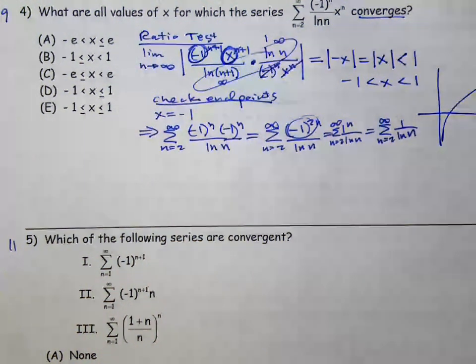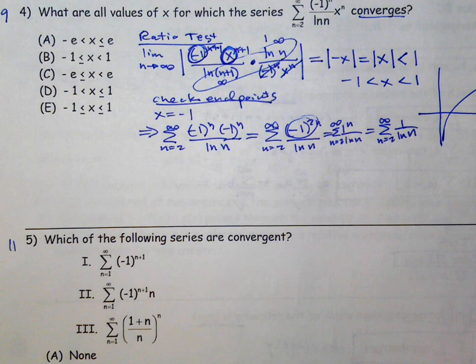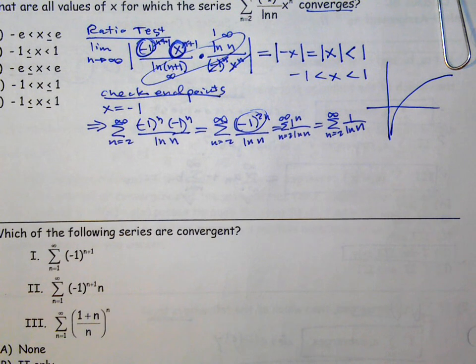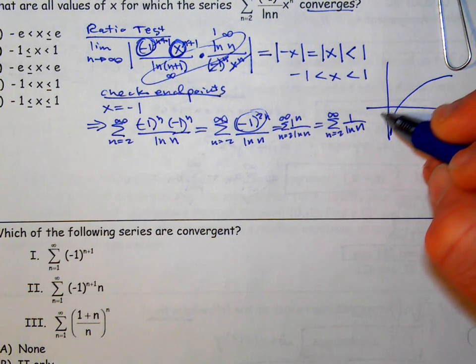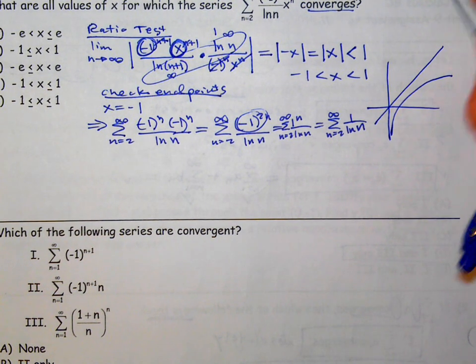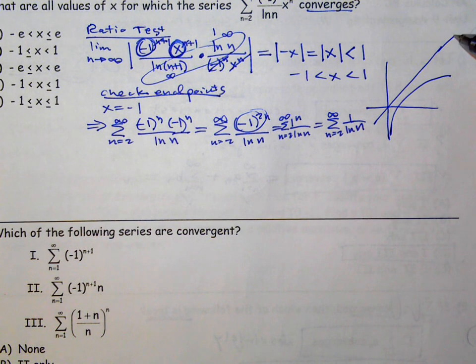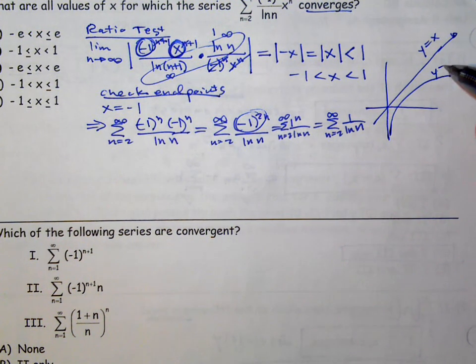This is what the graph of this looks like. You can think of it graphically: we're looking for another function that this will always be smaller than. A good simple one is y equals x, and this is y equals natural log of x.